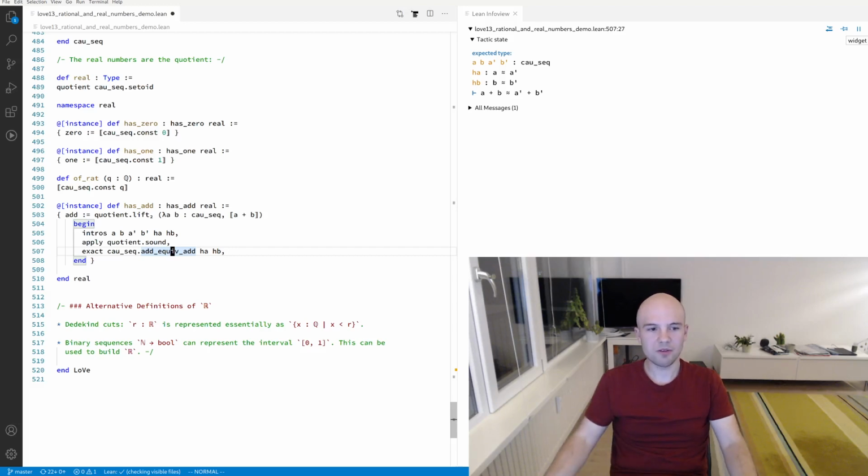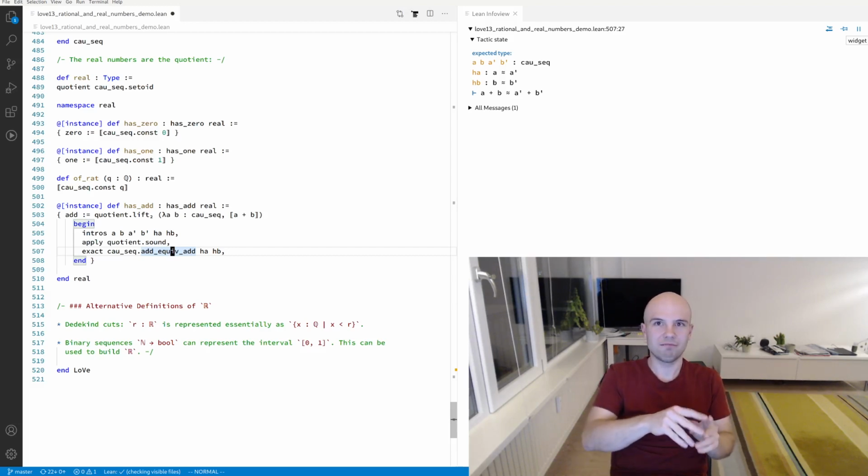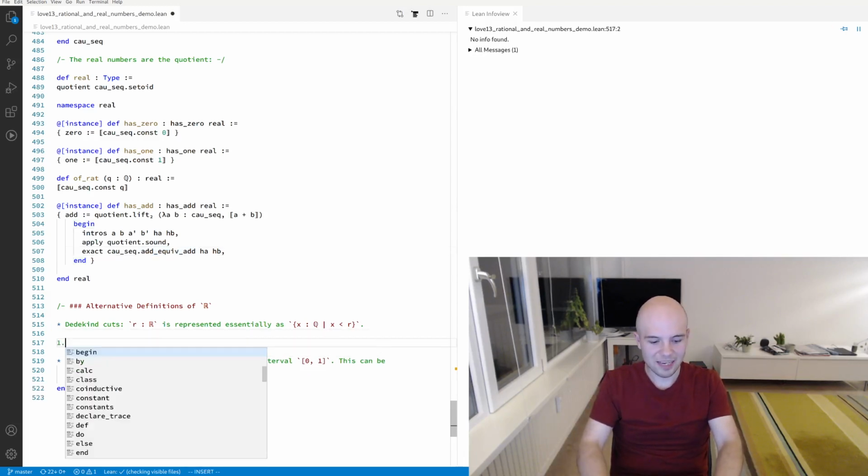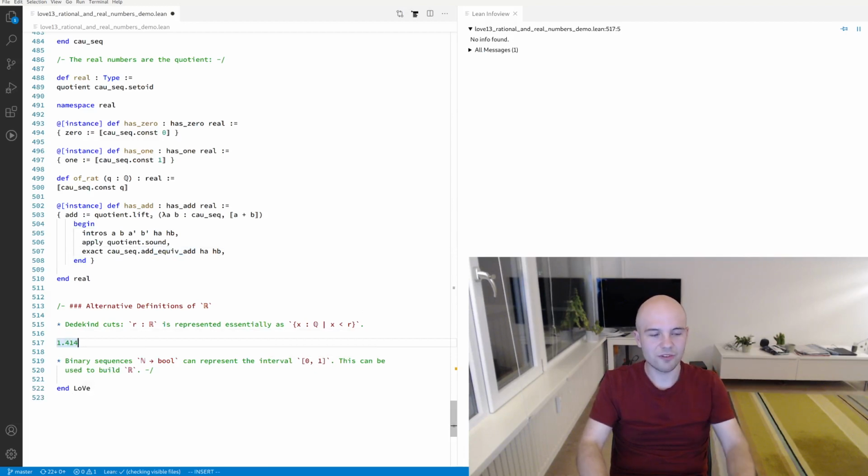And the third one would be to consider decimal expansions of the real numbers. Right, and we had this example at the beginning where the square root of 2 is 1.41, and so on.